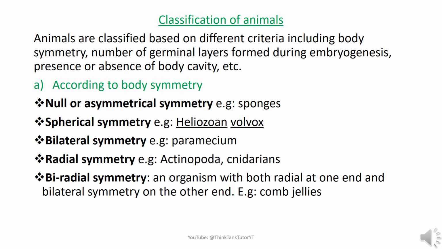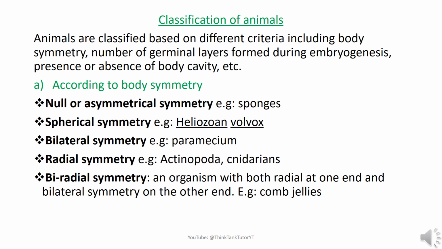Unlike bilateral or radial symmetry, where there are specific planes of symmetry, spherical symmetry implies that the organism is symmetrical in all directions. In this organism, any plane passing through the center of the sphere will divide the organism into two symmetrical halves. However, it is important to note that organisms with true spherical symmetry are limited, and most exhibit bilateral or radial symmetry.